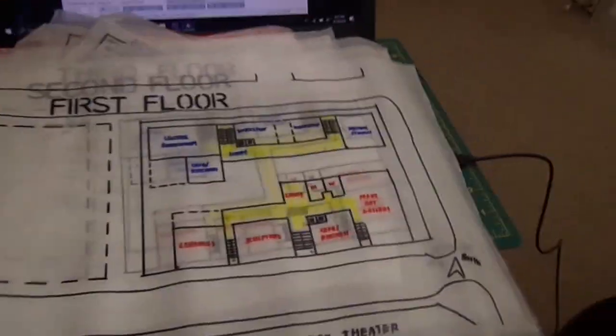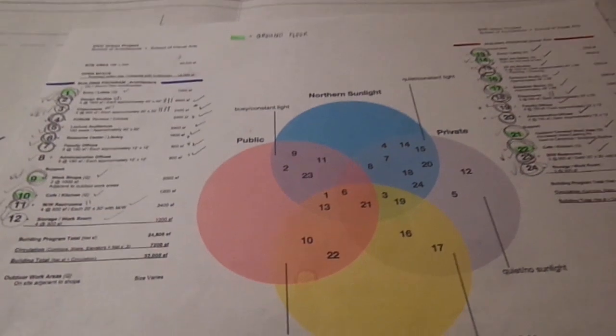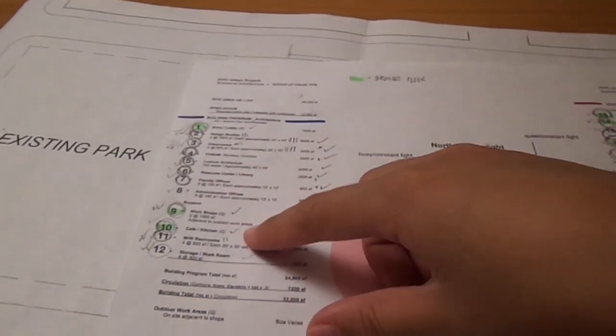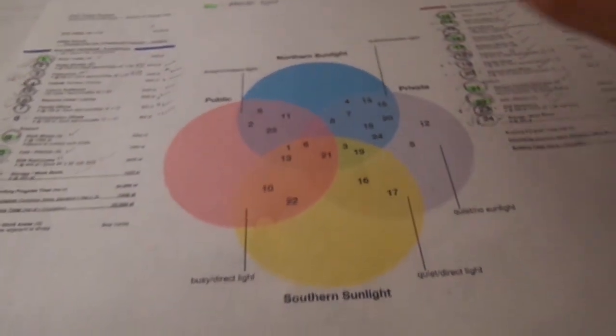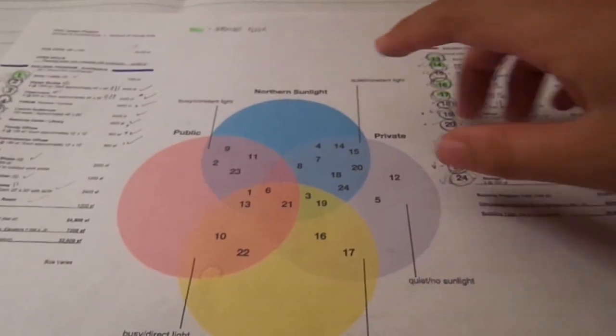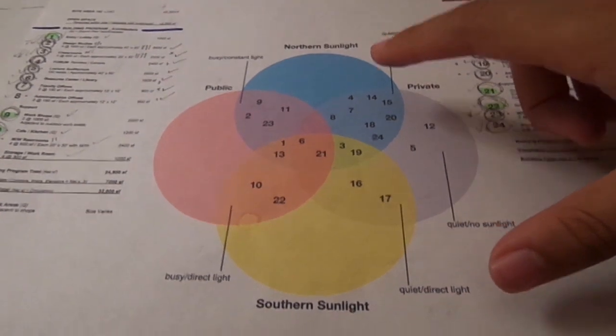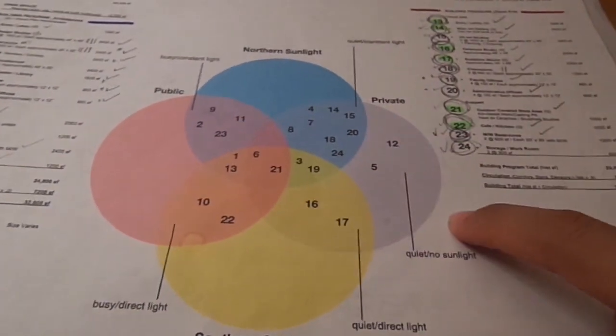So I actually made a diagram. To explain this diagram, I labeled all of the rooms between the architecture building and the art building by numbers. The way I organized it is I made 4 circles, and each of them had a distinction between northern or southern light and public versus private.